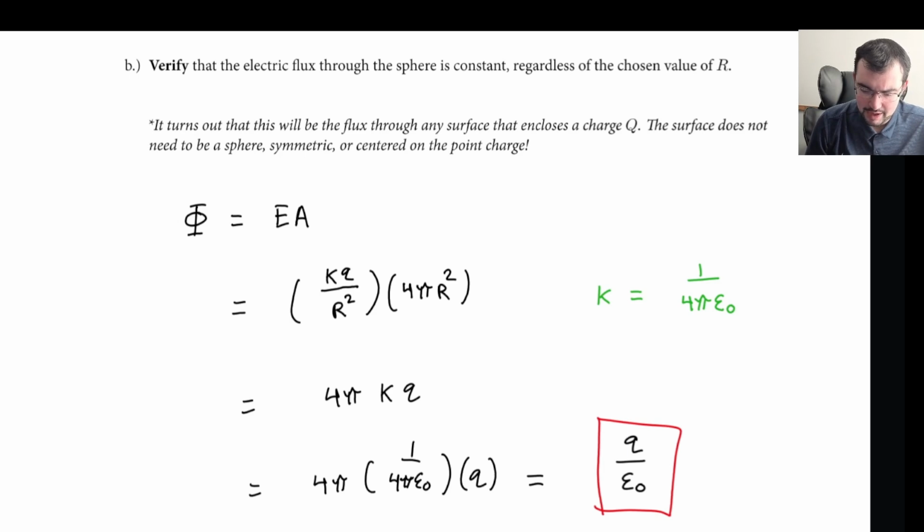And the little thing I added here, which is a bit more subtle to prove, is that it actually doesn't have to be a sphere. I could have drawn whatever shape I wanted to and still gotten q over epsilon naught as the flux. The trick to proving this fact involves slowly deforming the sphere and showing that if you take the projections of this newly deformed area, when you extract the component that's actually getting pierced by the field, you actually recreate the sphere.